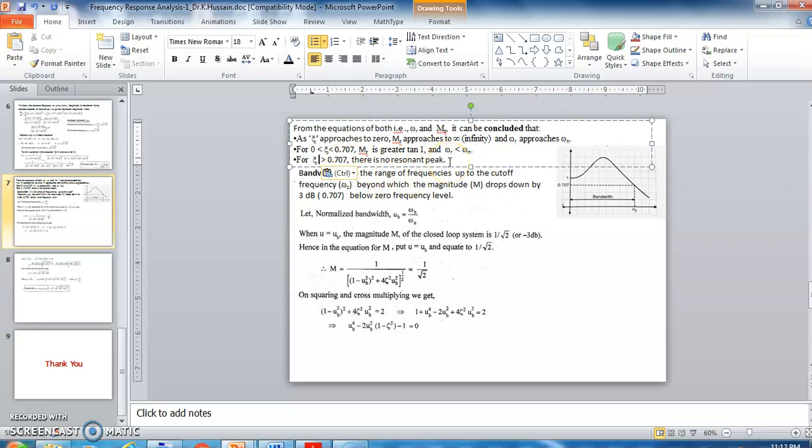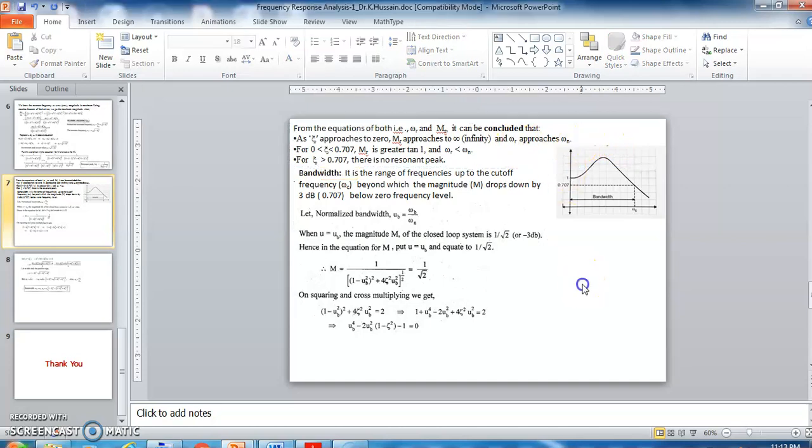If zeta approaches 0, the resonant peak approaches infinity, because Mr is directly proportional to 1 over zeta. That's why Mr approaches infinity and omega r, the resonant frequency, approaches omega n.